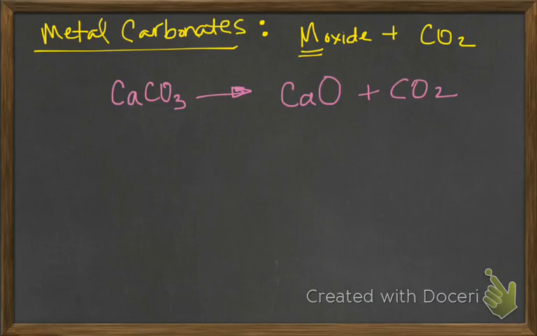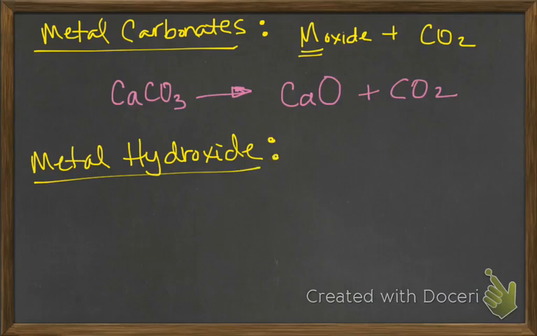Second type we're going to look at is decomposition of a metal hydroxide. When you decompose a metal hydroxide, it breaks down into, again, a metal oxide, and instead of CO2, it is water. So let's pick another one.